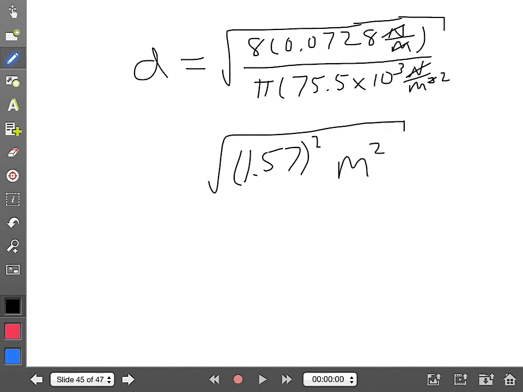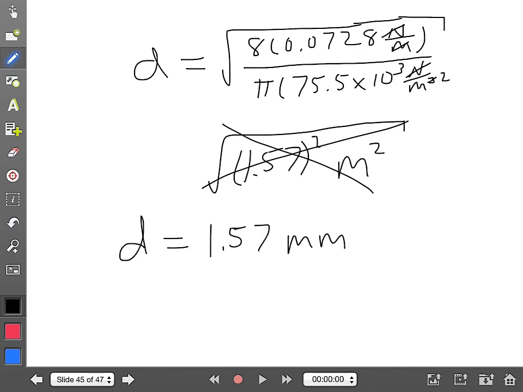I actually don't have the number in front of me right now for how this works out, and I don't have a way I can quickly calculate it, but you can see that this is going to be in meters squared. If we put the answer in millimeters, because it's very small, the answer is going to come out to be 1.57 millimeters.